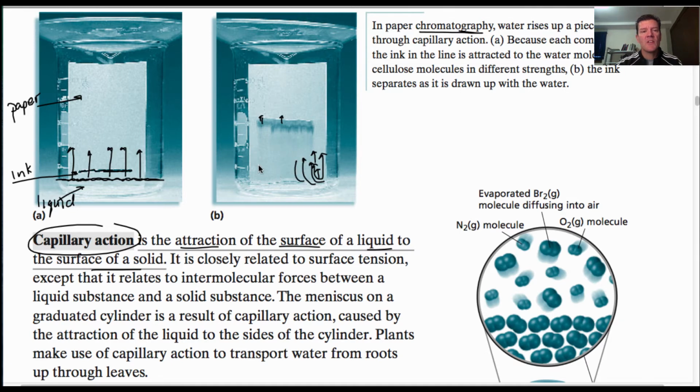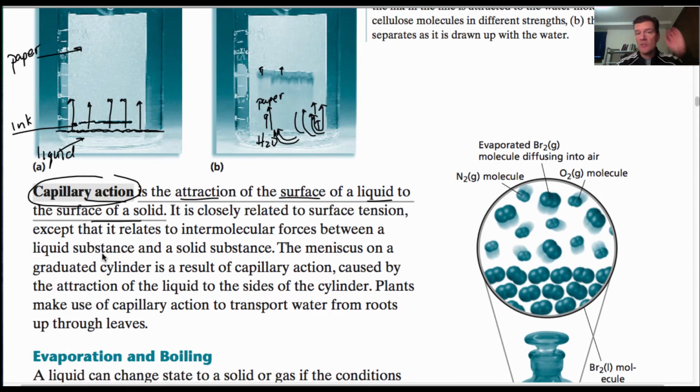So think of it as the water here is attracted to the paper, and as the water gets pulled up the paper, it's going to pull more of its water friends with it. And this is called capillary action. Okay? It's called capillary action. You can do this very simply. If you were to take a thin straw, all right?